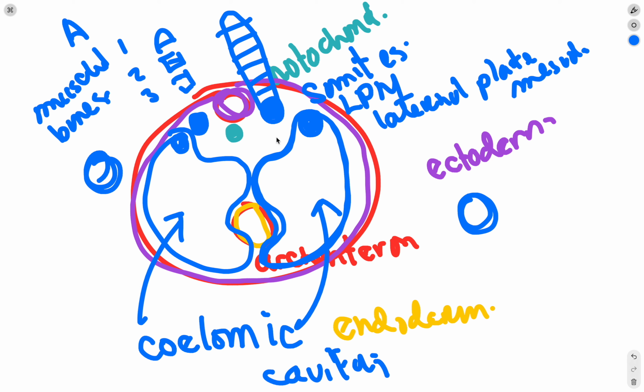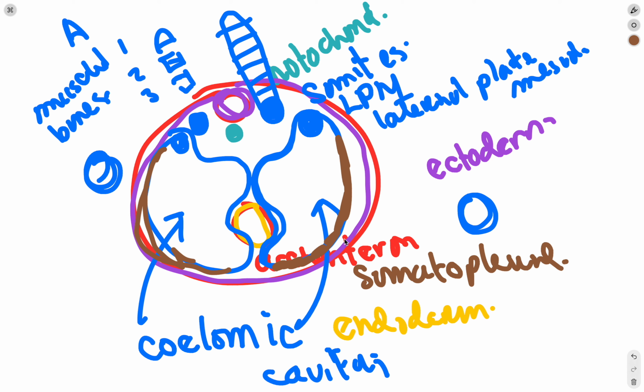Okay, so the lateral plate mesoderm in our torso, our body region, creates this hollowed out body cavity. And in that lateral plate mesoderm, there are two basic types of cells. So here's one type of cell, and these cells are called the somatopleura.